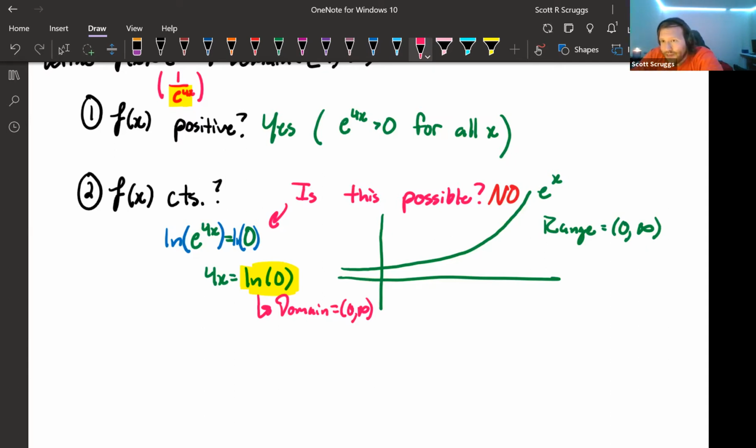So what I just did was plug in a number that is outside the domain of that function. That cannot happen. So because of that, having e to the 4x equals 0, that's not possible at all. Which means my function f of x has no trouble points, nothing to worry about. So my function is continuous everywhere in my domain.